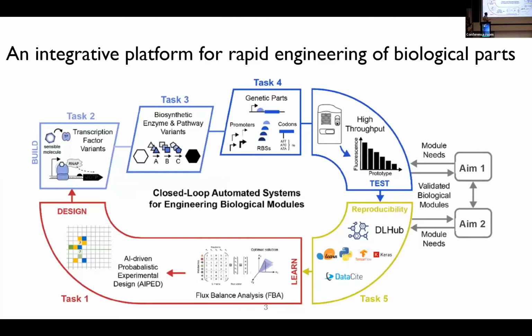The second aspect, which I'll also highlight as we go along, is reproducibility, and more importantly building the AI tools that let us do this in a proper manner. If you forget about the various parts that we need to build, at the core of this is the idea that we have an AI-driven experimental design platform that lets us understand how to engineer any sort of biological construct that we need.